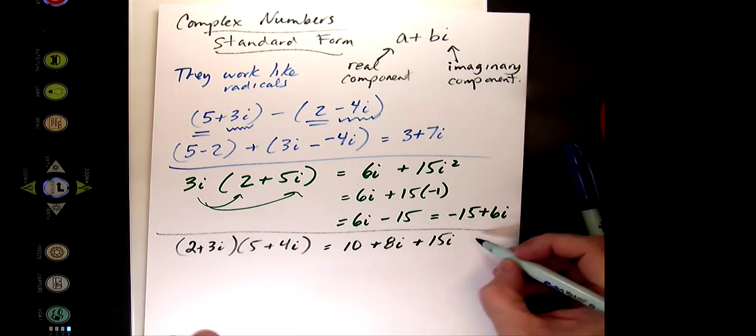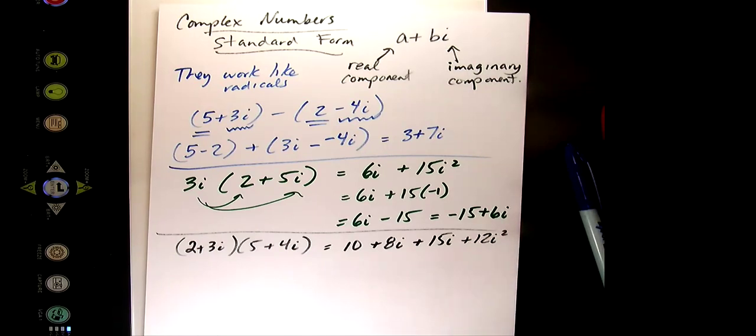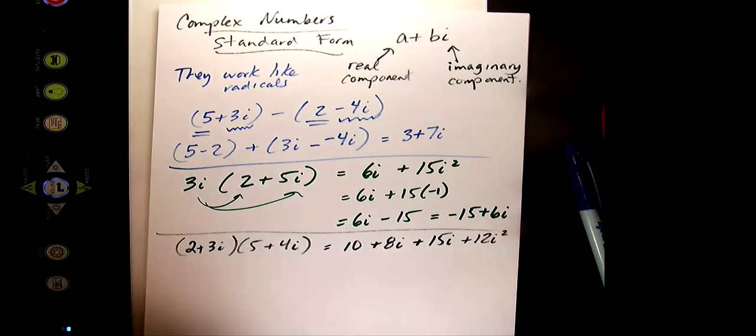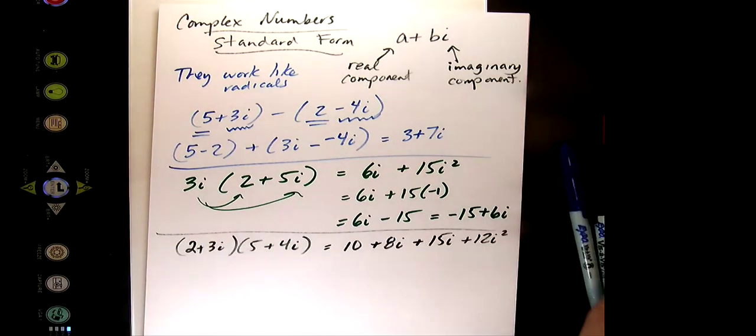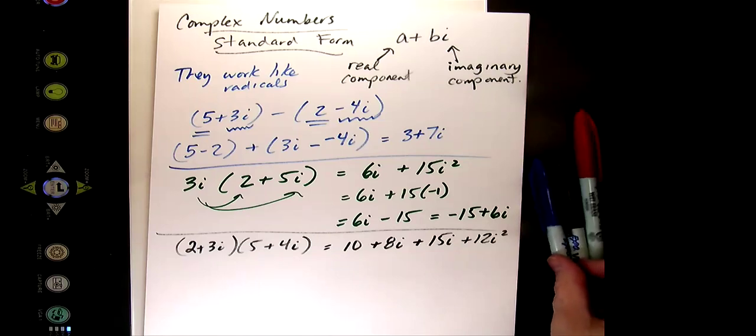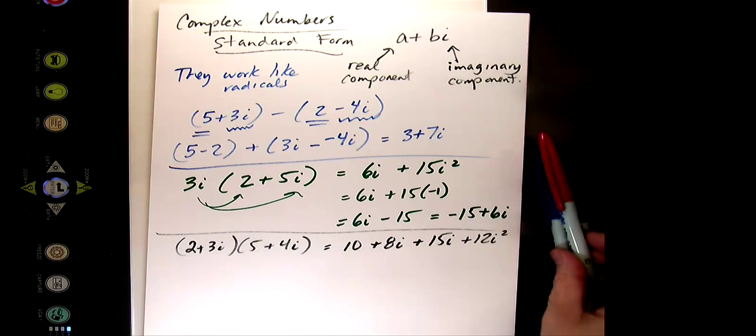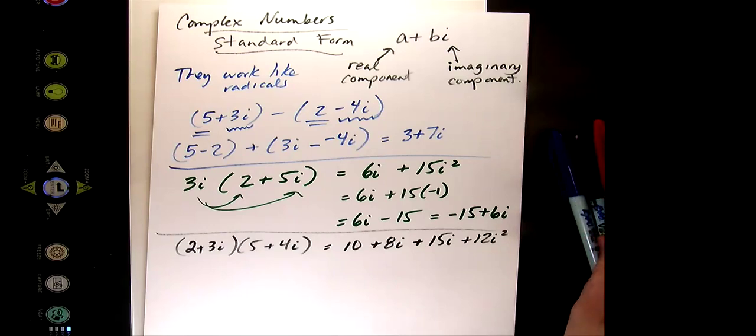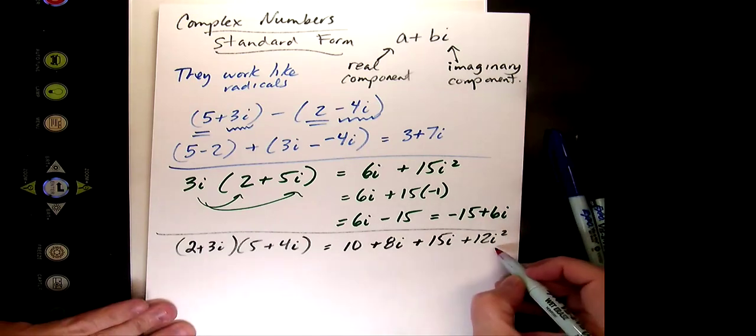And 3i times 4i is 12i squared. So this is -12 here because i squared is -1.